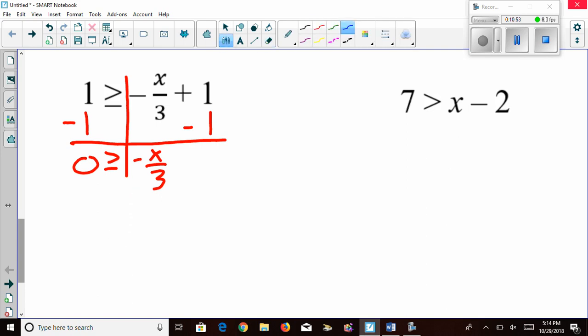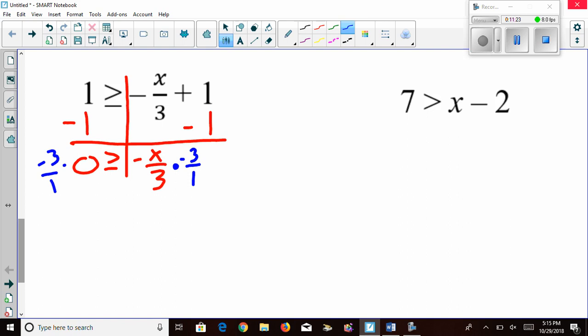Now this next step is something that has been different in each of my classes, so let's pay attention and be careful. There's a couple ways you guys can approach this. The quickest way would be, since I see a negative 1 over 3, I could multiply by negative 3 over 1.